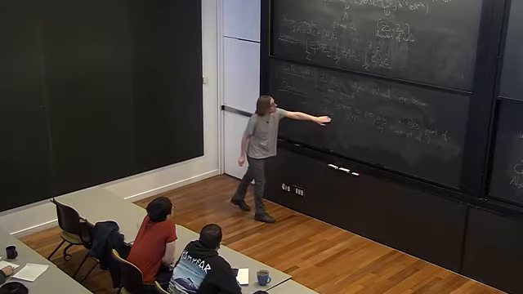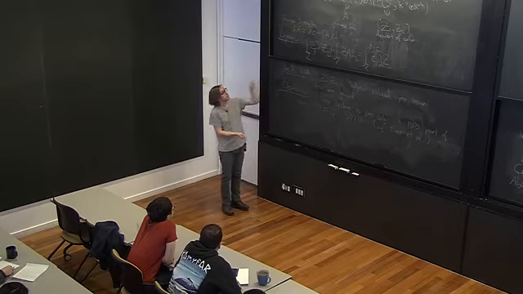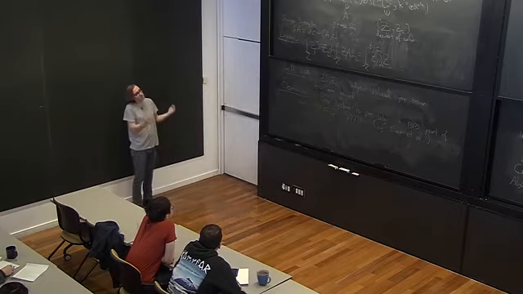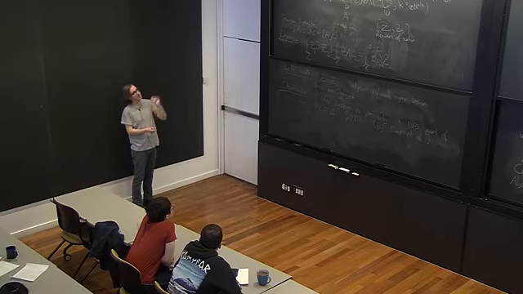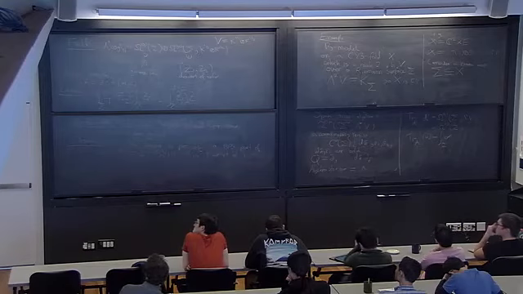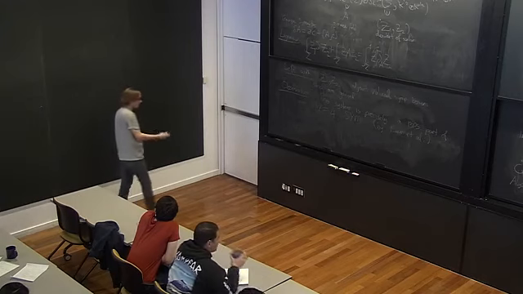And if I start with N equals 4 Yang-Mills and I do this localization, this is the 2D chiral theory. So of course, we know it's fun to study N equals 4 Yang-Mills holographically. This is a piece of N equals 4 Yang-Mills, so we can ask if we can study this theory holographically instead. Getting to that is going to be one of the goals I want to explain.